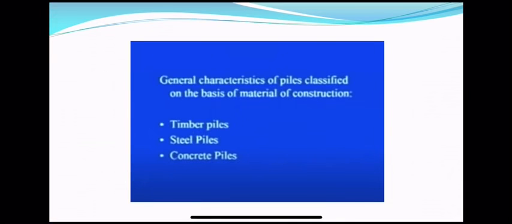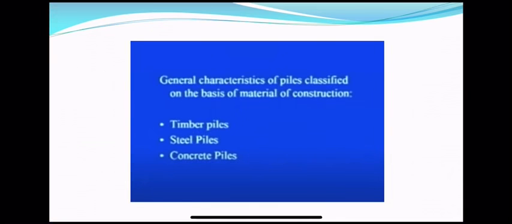Now, these were some of the aspects which we have already discussed, related to displacement and non-displacement piles. Now, general characteristics: piles classified on the basis of material of construction, that we are going to discuss now.